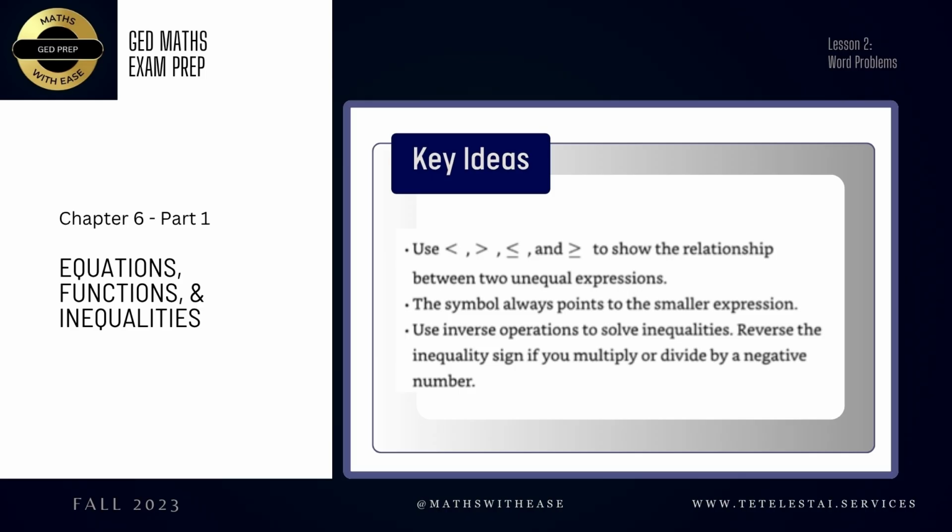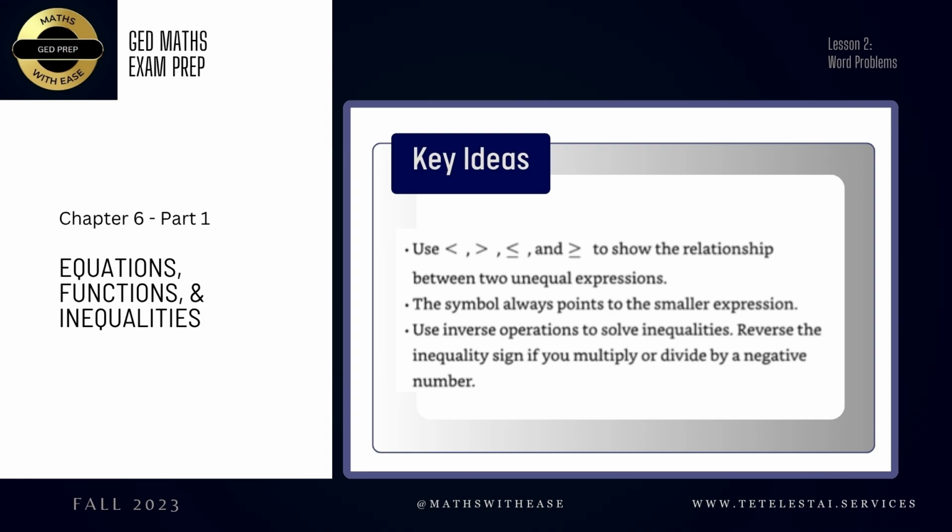So finally, lesson 3 covers inequalities. Some key ideas to pay attention to: you want to use inequalities to show the relationship between two unequal expressions. A symbol that looks like the tip of an arrow pointing to the left indicates less than.